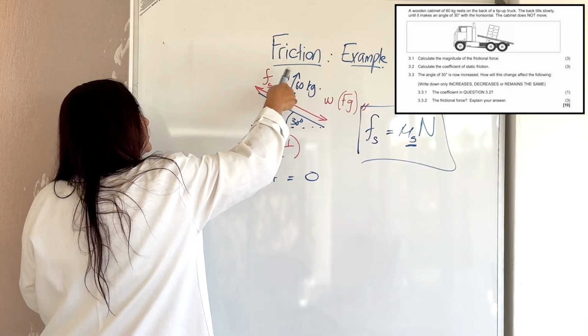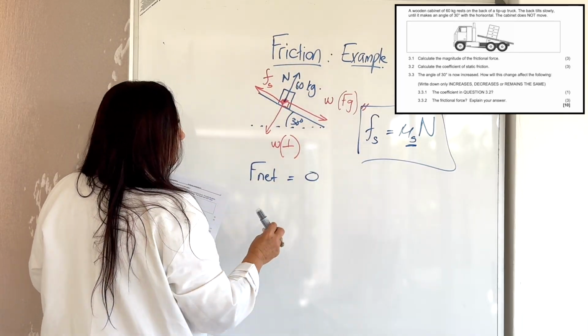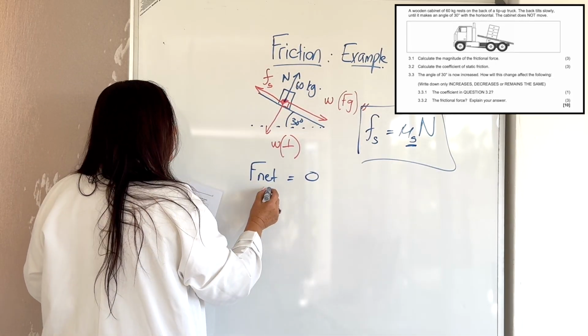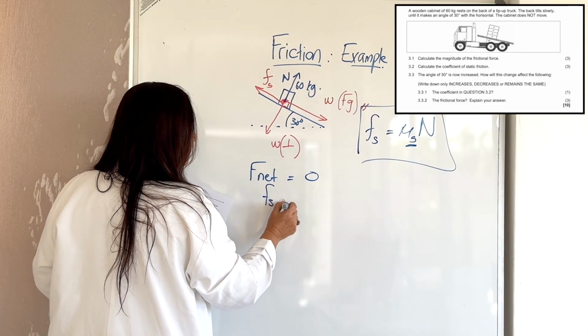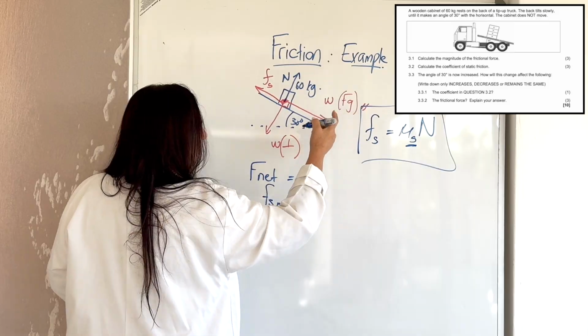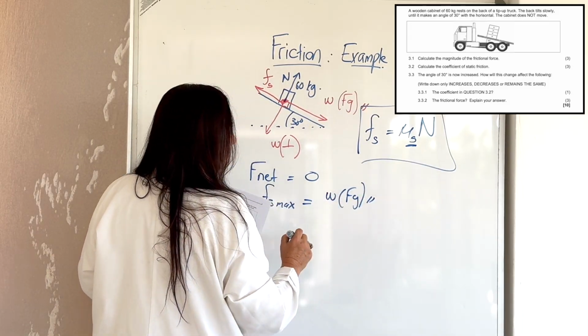But those two are working in a vertical plane, while this is working parallel to the slope. And those two are in equilibrium, which means that my Fs max is equal to my Fg parallel to the slope.